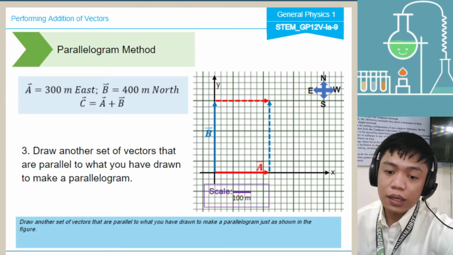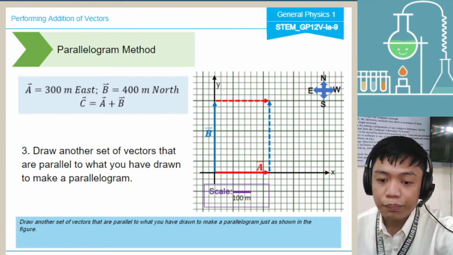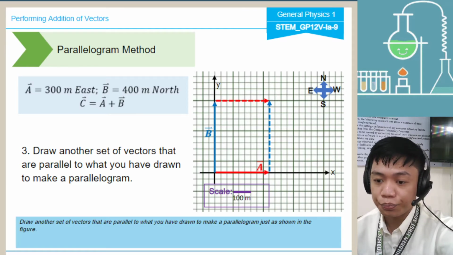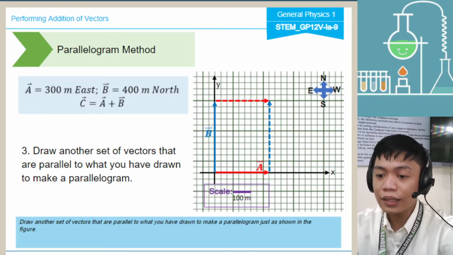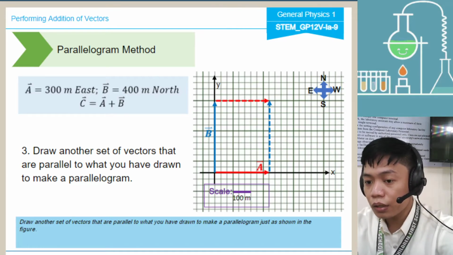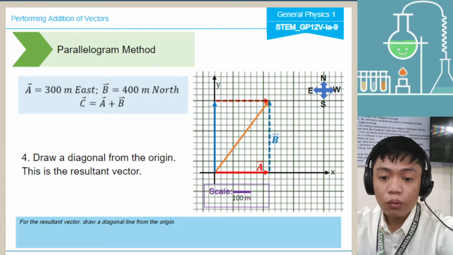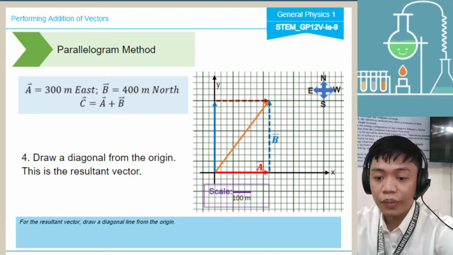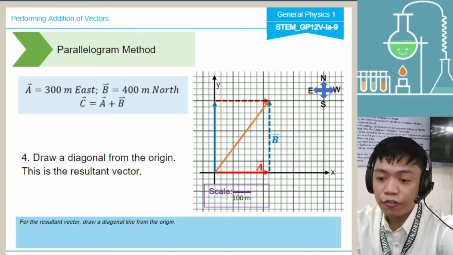The third one will be: draw another set of vectors that are parallel to what you have drawn to make a parallelogram. You can see in the figure there that we have made a parallelogram, right? Now, draw a diagonal from the origin, and this is now the resultant vector.